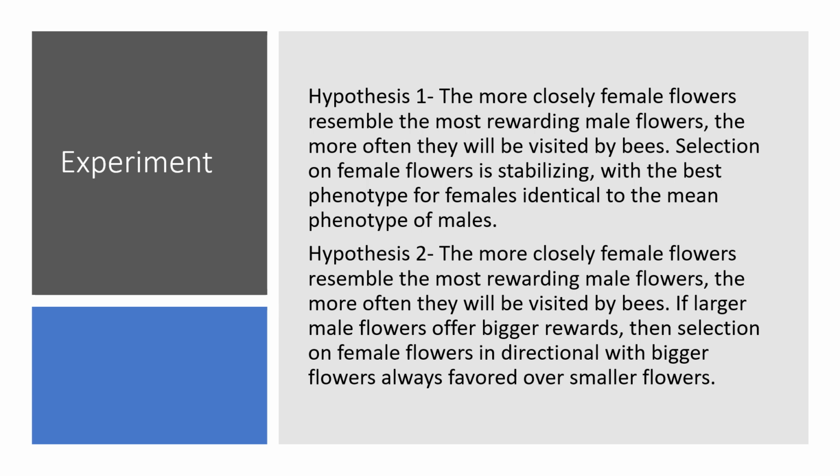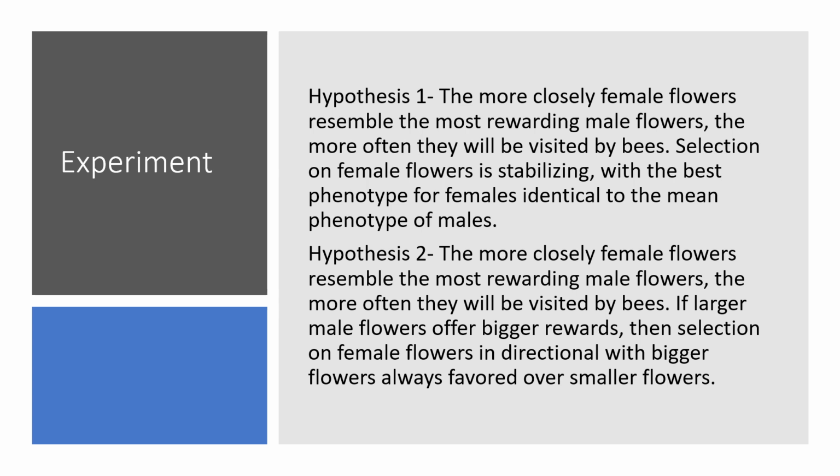Experiment. Their first hypothesis is the more closely female flowers resemble the most rewarding male flowers, the more often they will be visited by bees. Selection on female flowers is stabilizing, with the best phenotype for females identical to the mean phenotype of males.